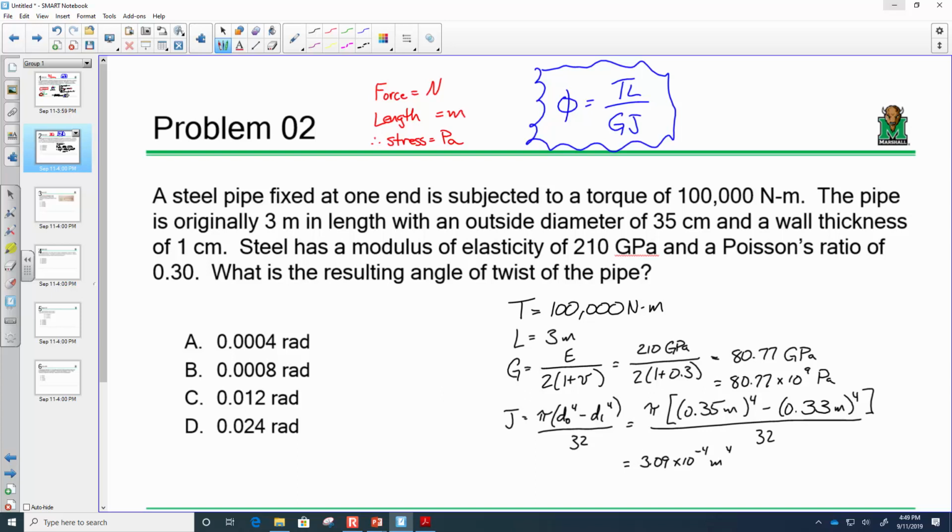So TL over GJ, let's put this down here. I'm writing a little sloppily, but all the values are right here.